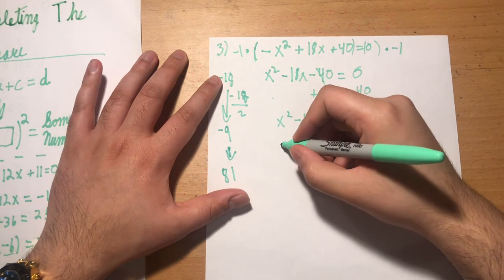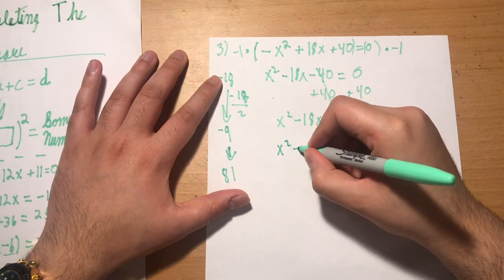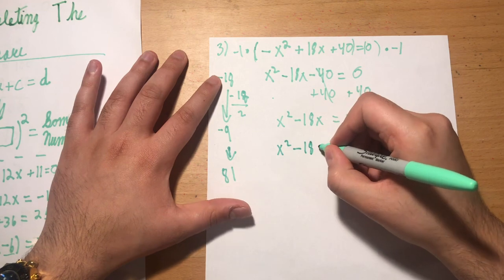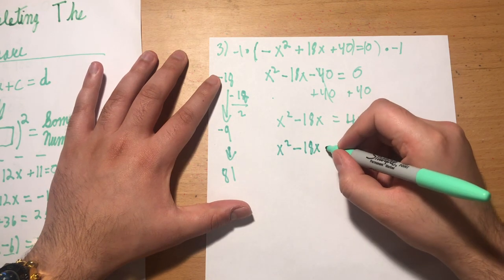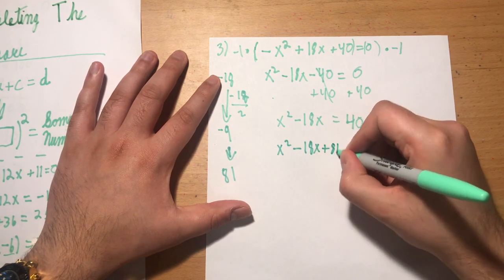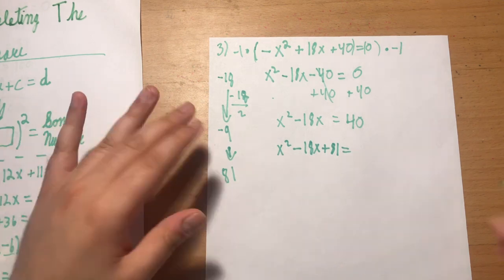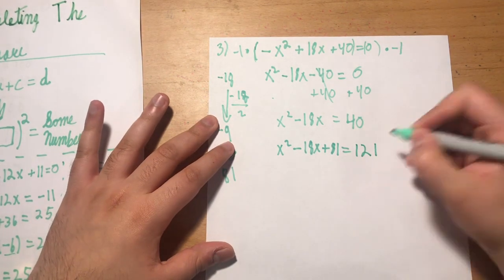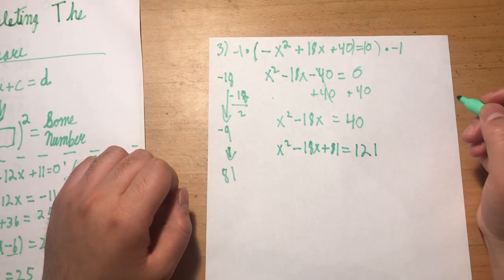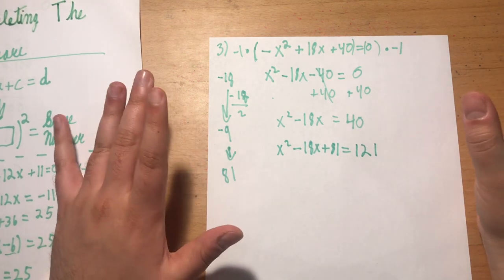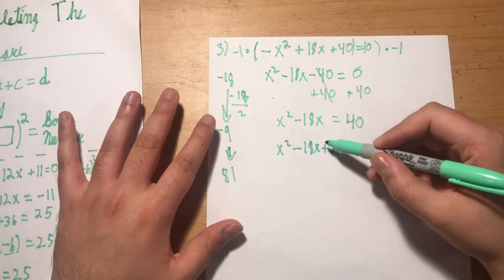And we can do x squared minus 18x plus 81, and then 40 plus 81 should be 121. 121.